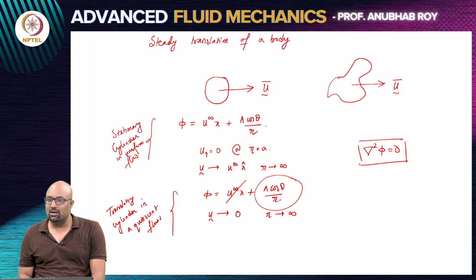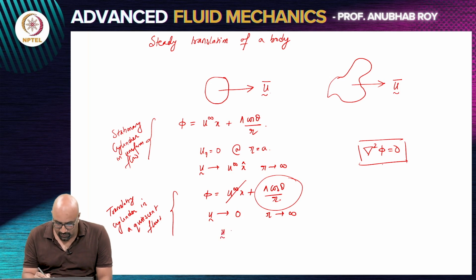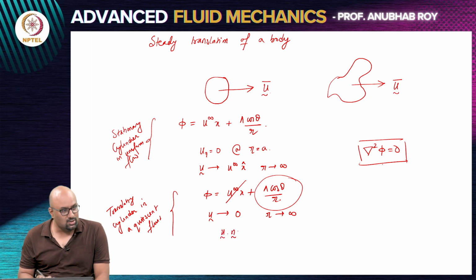Now, this goes back to the boundary condition that we are using. We are not using a boundary condition of 0 normal velocity. We are using a boundary condition of no penetration with respect to the boundary, which means the fluid velocity's normal component.